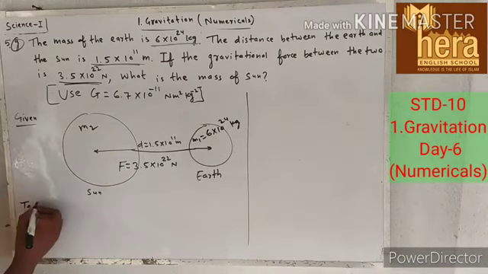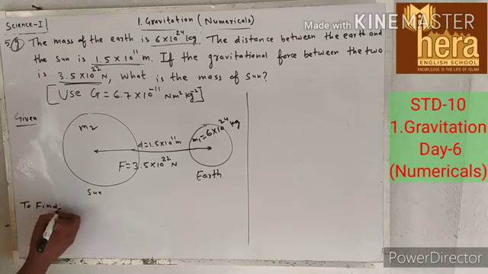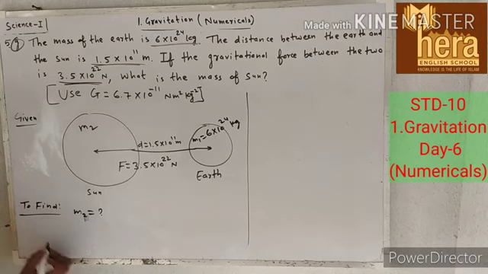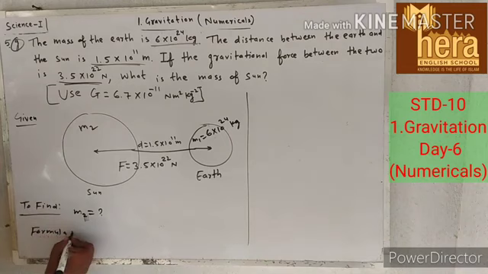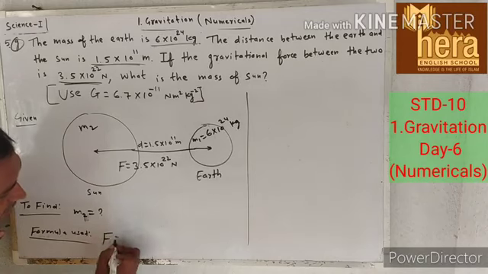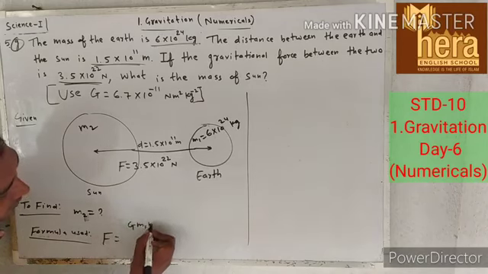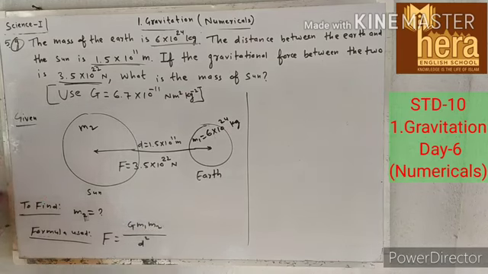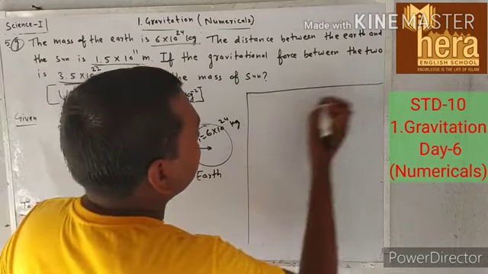Then, to find: M2 is equal to question mark. Formula used: F is equal to G m1 m2 upon D square or R square. Solution.